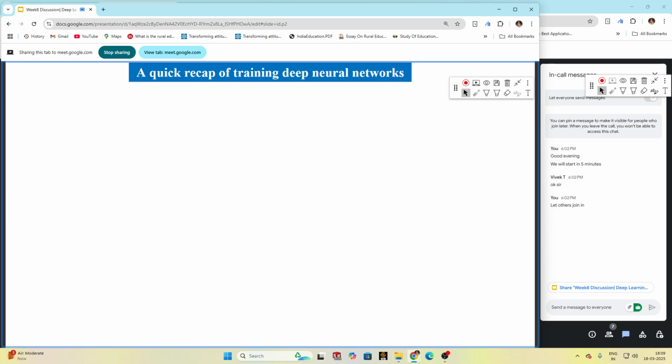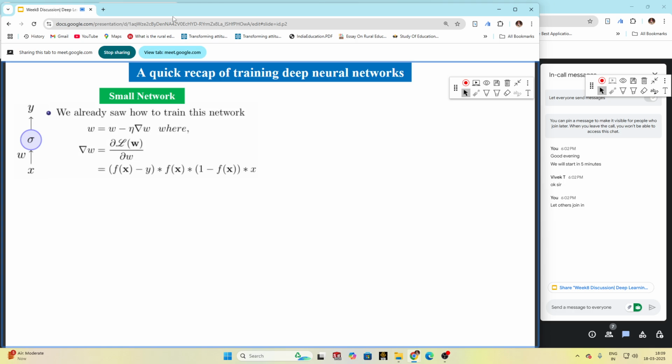This week we have seen a quick recap of the training of deep neural networks. How do we train a neural network? We train it by an algorithm known as backpropagation. What does training the network mean? It means we have to update the parameters that we use in the network.